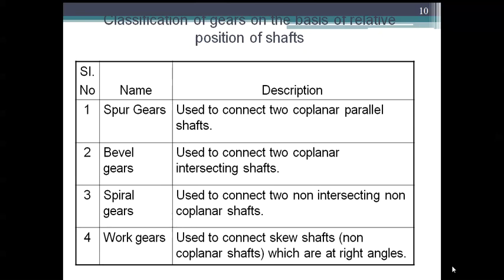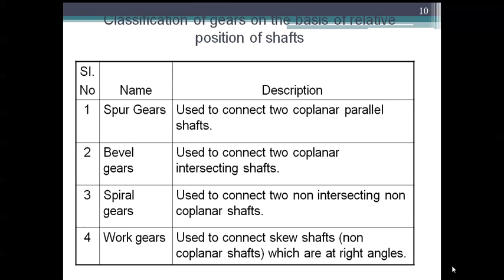Spur gears and helical gears come under this. These are used to connect two coplanar and parallel shafts.